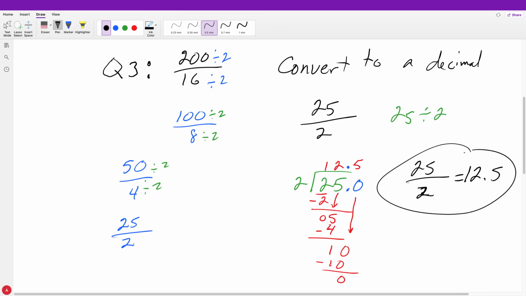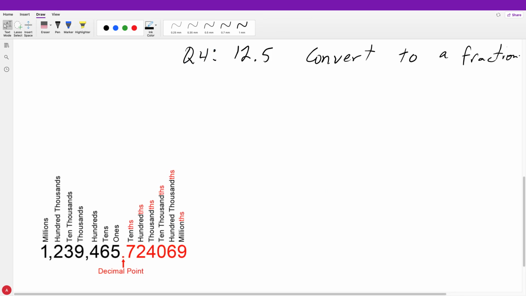All right, all we're going to do is convert this decimal back into a fraction, and then that'll be it for this video. If I'm converting this to a fraction, because I have this whole number, right away I know it's going to be written as 12 and some number over another number.